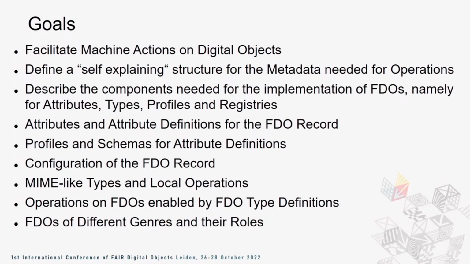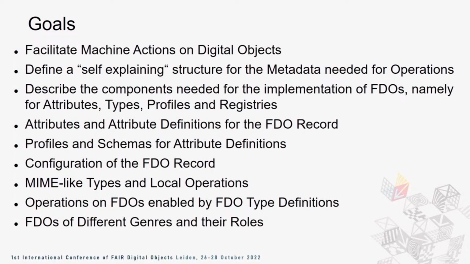I'll come to that also at the end, but only about some of the aspects. And what self-explaining means essentially is everything has to be machine readable, the whole way from the beginning into the machine understanding of what metadata is about and so on.